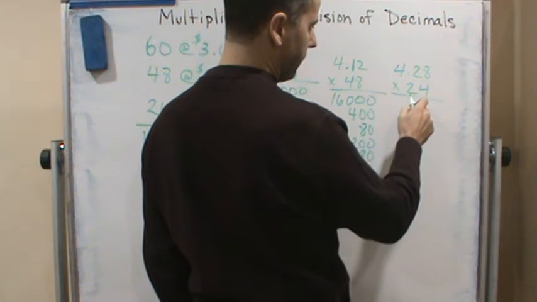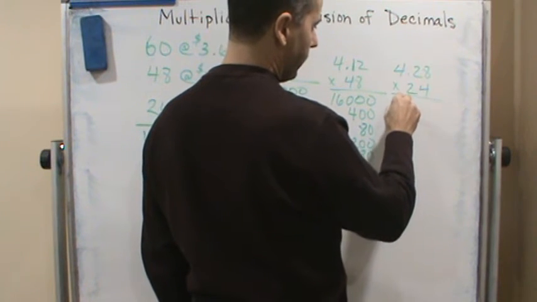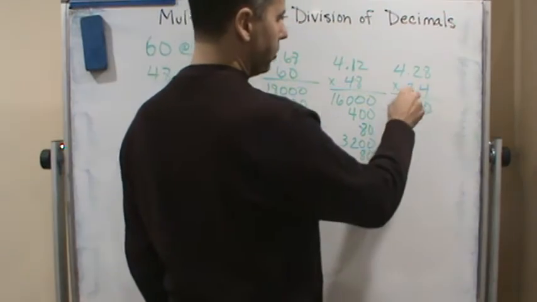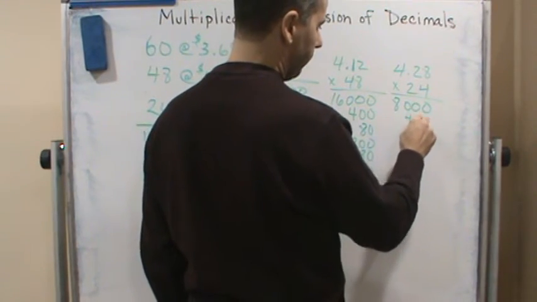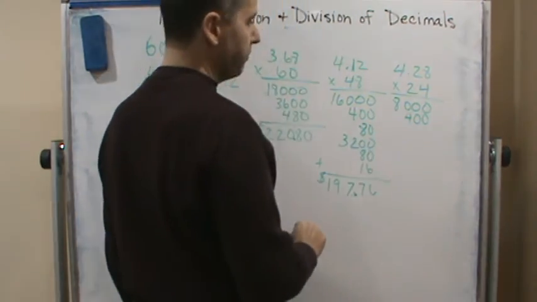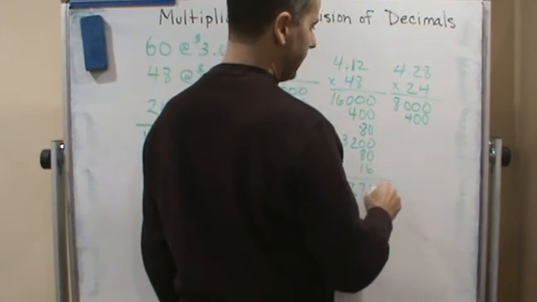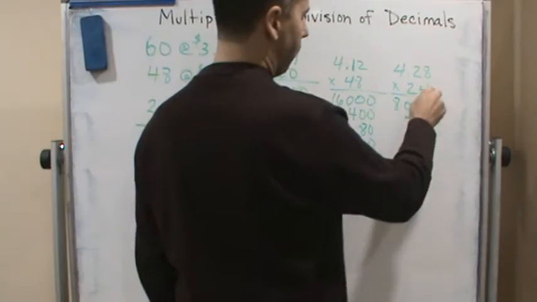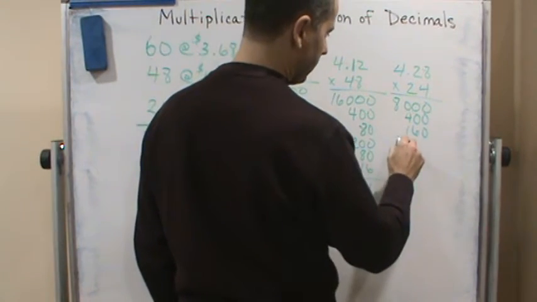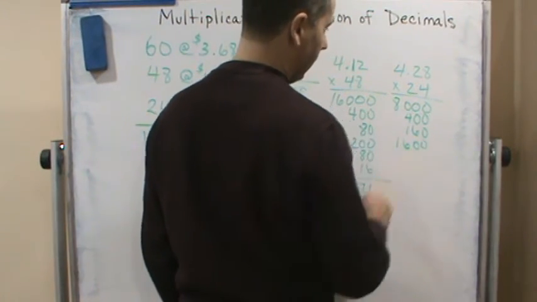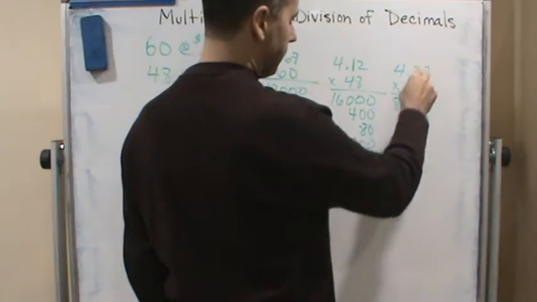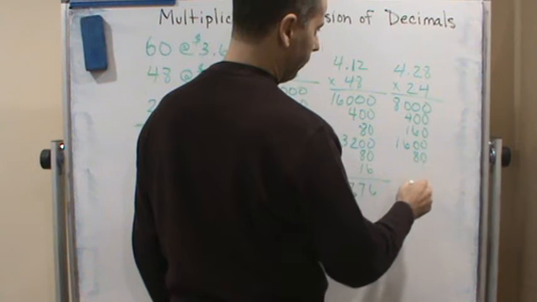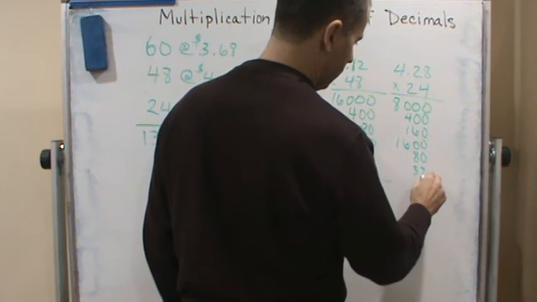So again, I'm going to do the same thing. 2 times 4 is 8, so I get 8,000. 2 times 2 is 4, so I'm going to get 400. And then 2 times 8 is 16, which is going to give me 160. And then 4 times 4 is 16, so that's going to give me 1,600. And then 4 times 2 is 8, which is going to give me 80. And then, of course, 4 times 8 is 32.